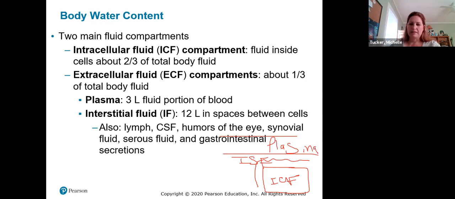I will not be separating plasma and interstitial fluid really as separate compartments, because these two extracellular fluid compartments equilibrate quickly in most situations. But remember, when we're talking about intracellular fluid versus extracellular fluid, they are diffusing across these spaces and across these membranes.